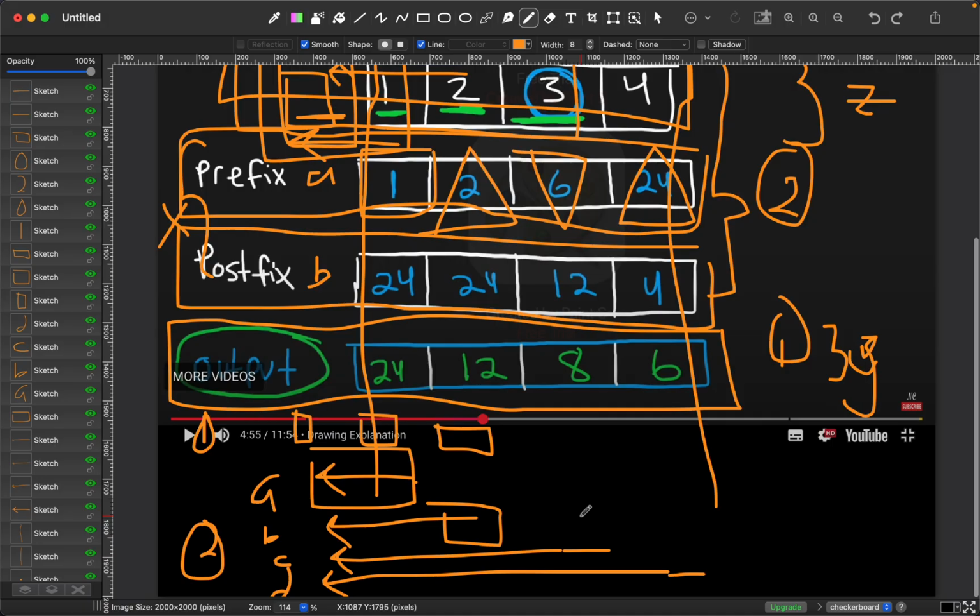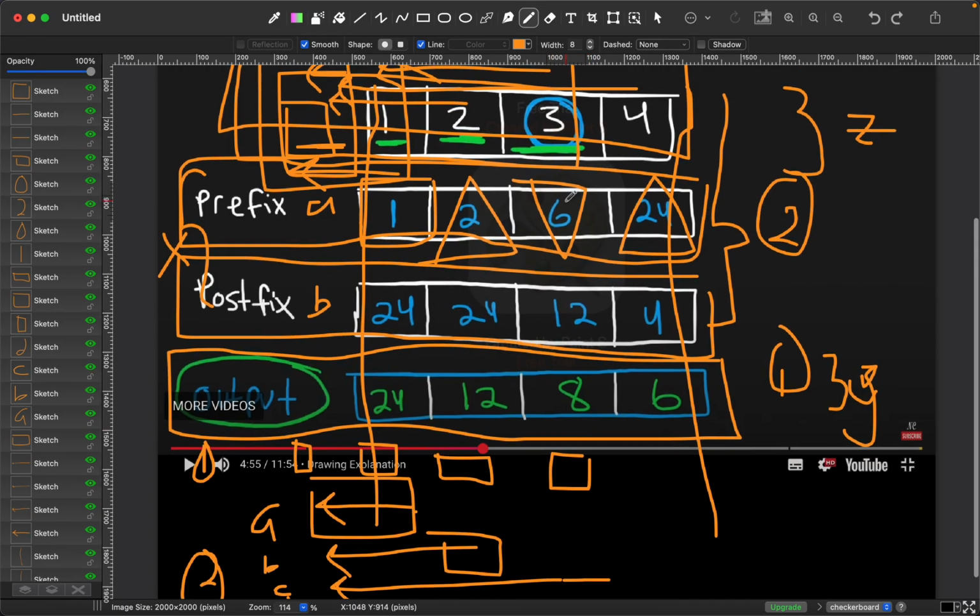So if you were to actually do a brute force for this value, right, what you intuitively do is 3 times 2 times 1, and that gives you the 6, because 3 times 2 times 1 equals 6.